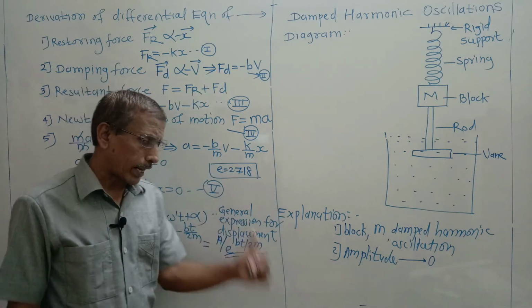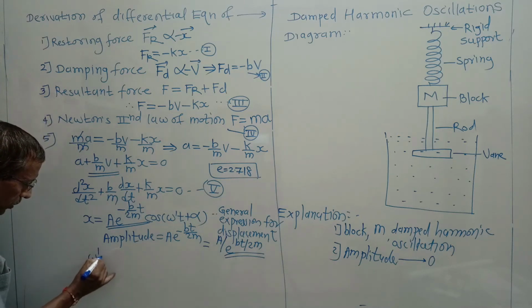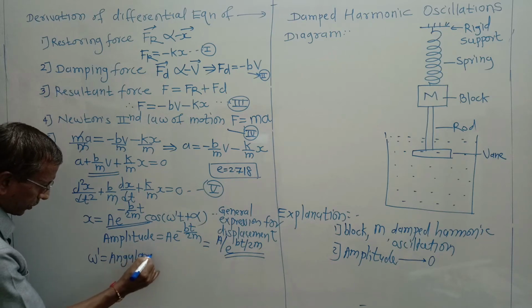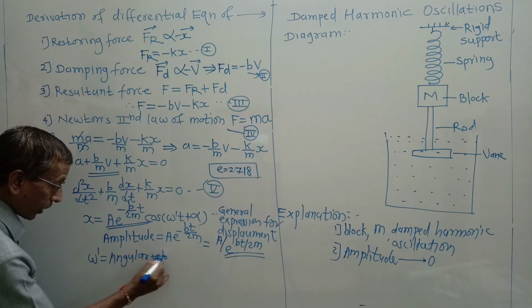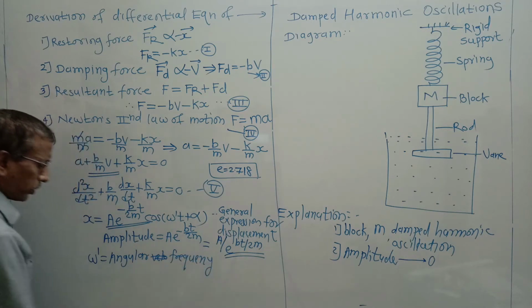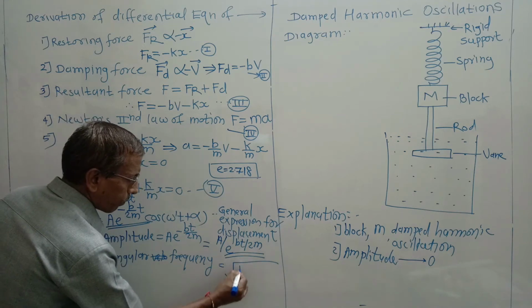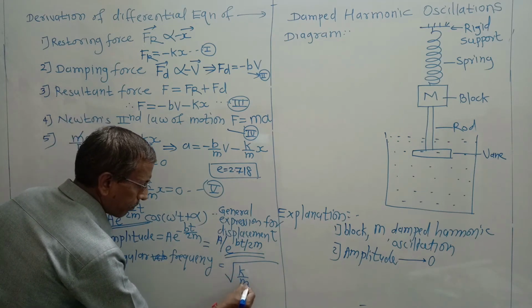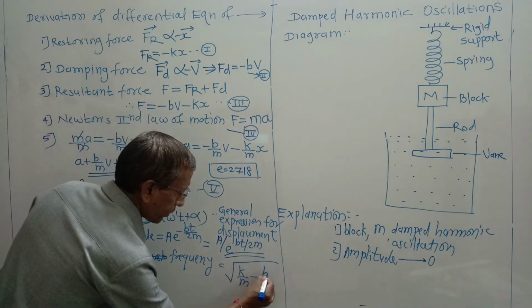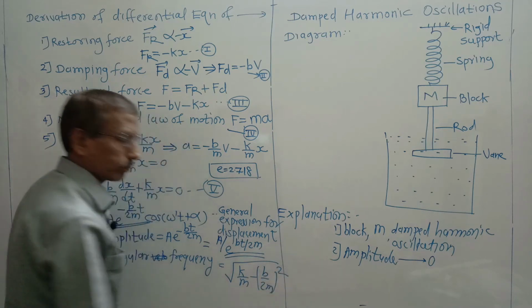Now omega dash. Omega dash is angular frequency, not velocity. This angular frequency is given by square root of k by m minus, in bracket, b divided by 2m, its square.